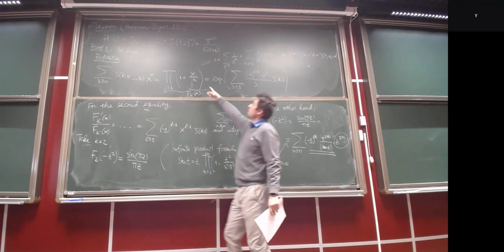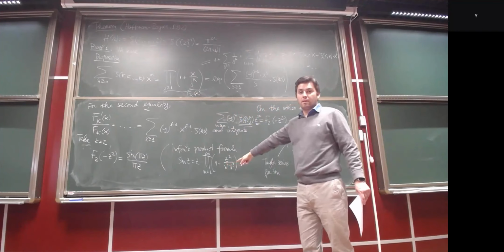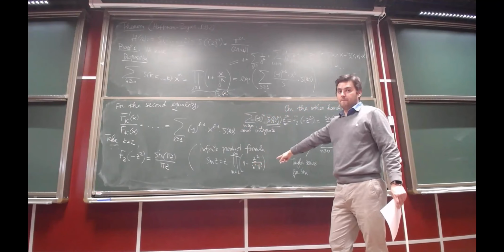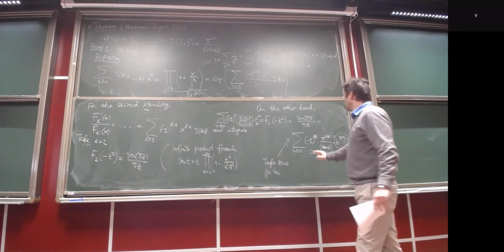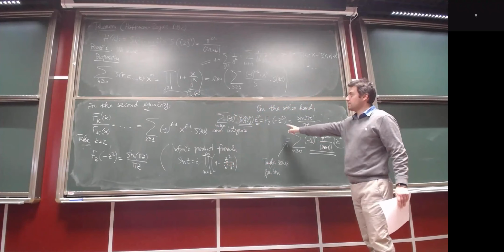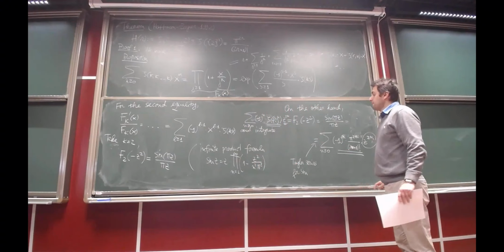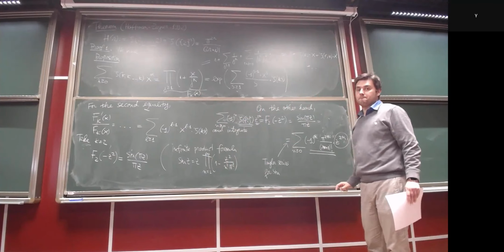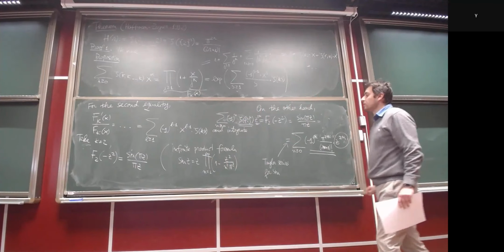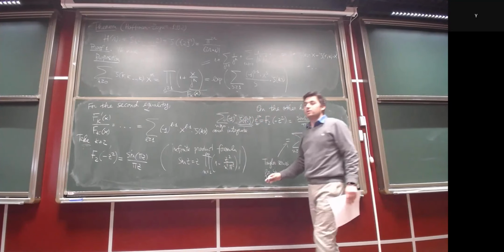You see, when you replace x by negative z squared, you'll get exactly the sine product formula here. So you'll get exactly this. So this is the ingredient missing here.